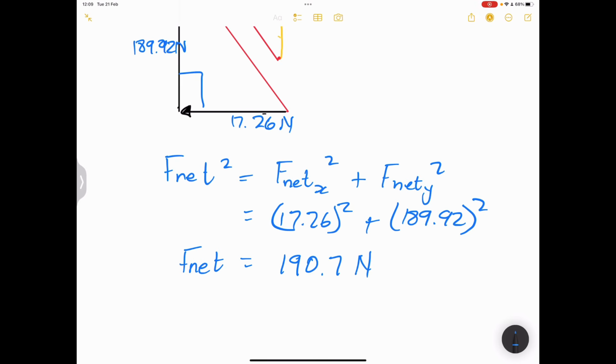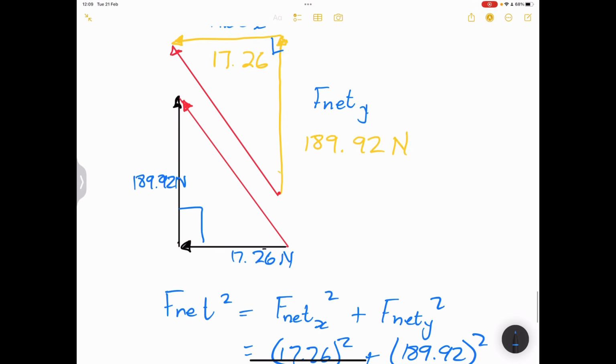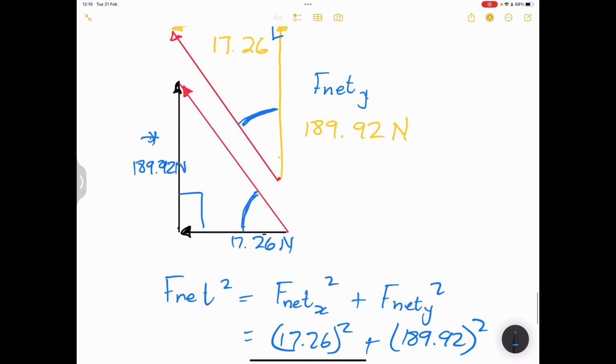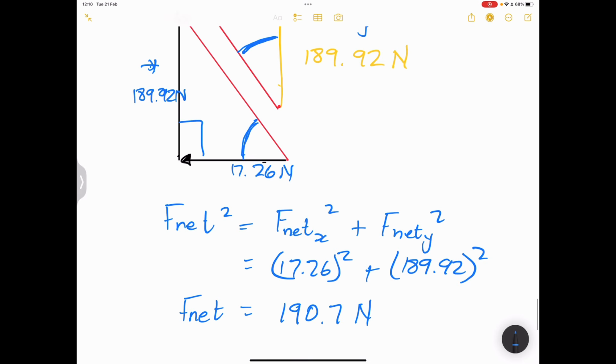But remember, in this case, we also need to state the direction. We can either calculate this angle over here, or that angle over there. I'm going to go with this drawing, if you don't mind. So we're looking for the angle, let's call it alpha.